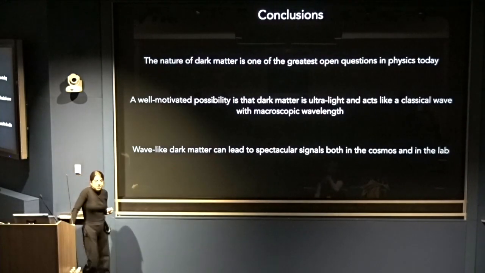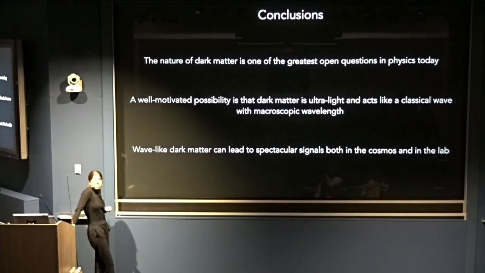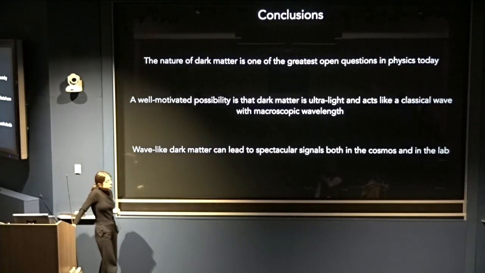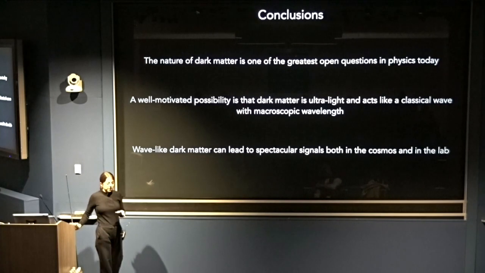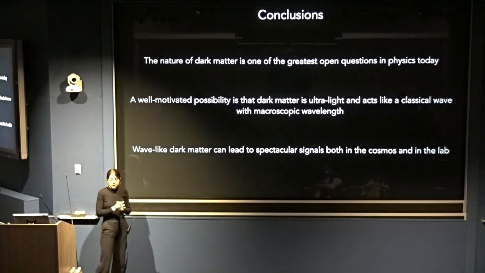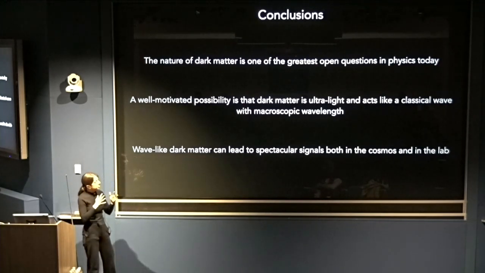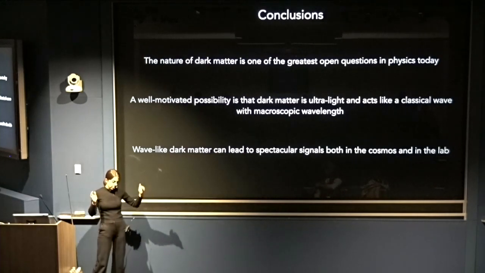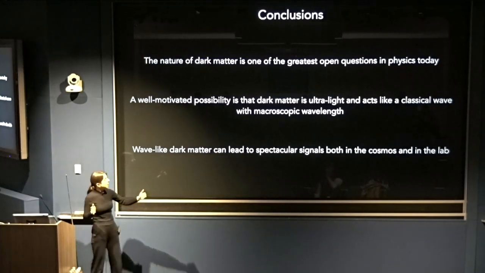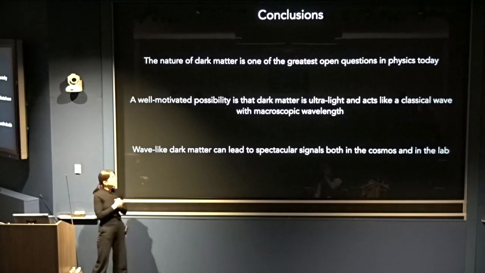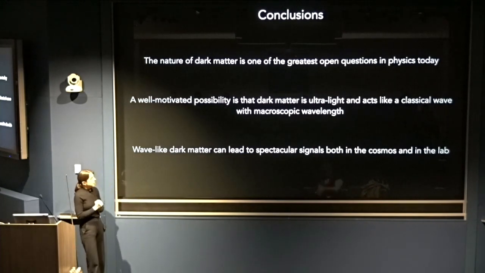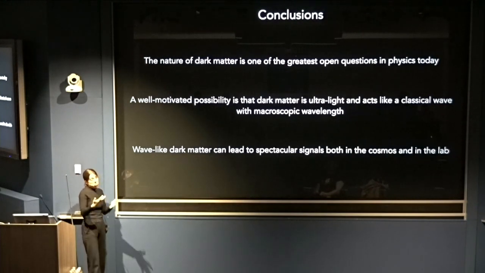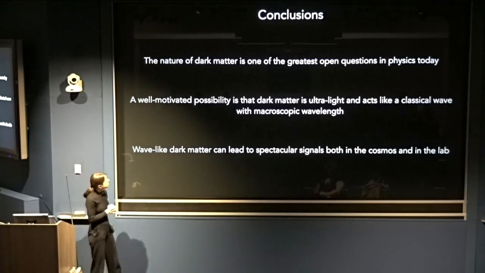So with that, I'll conclude. Just to summarize, dark matter remains one of the biggest questions in physics, and it's a challenging problem because there's such a wide range of particle masses that can explain the dark matter, and each of those mass ranges yields very different kinds of observational consequences and also the kinds of experiments that you'd want to build.